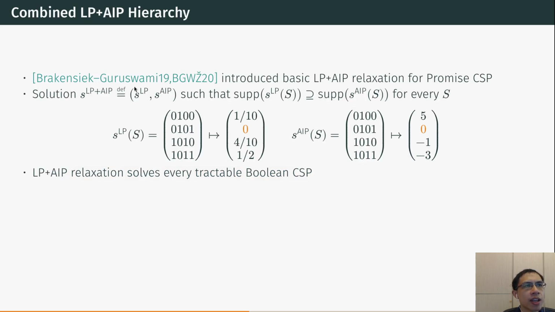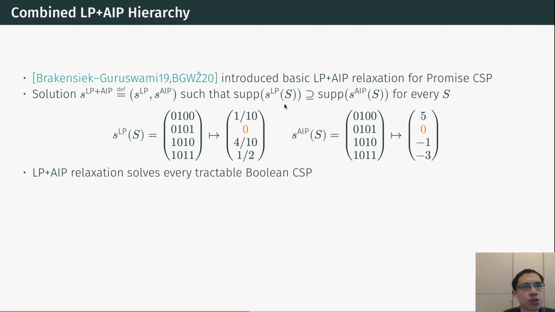Brakensiek, Guruswami, Mosheiff, and Sivny considered combining these relaxations to get stronger algorithms, and they introduced LP plus AIP. In this relaxation, a solution consists of both the LP part and the AIP part.